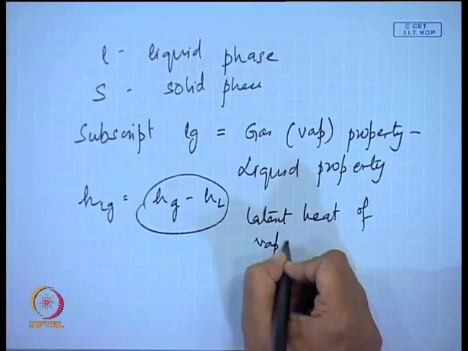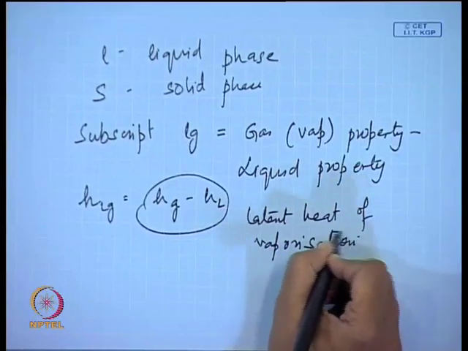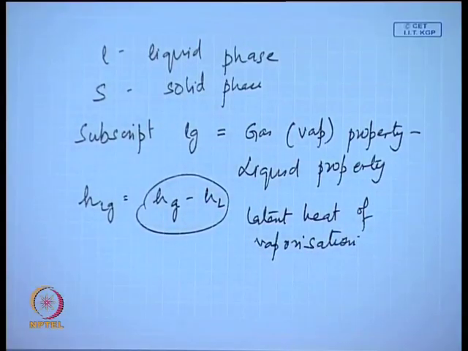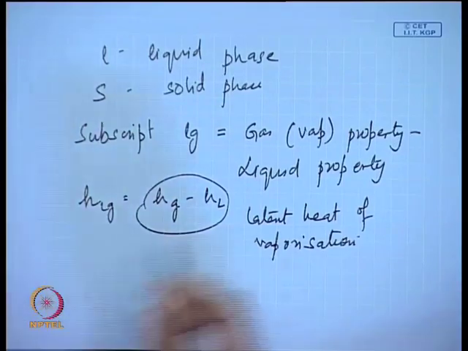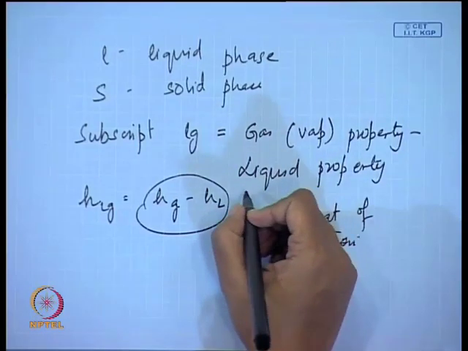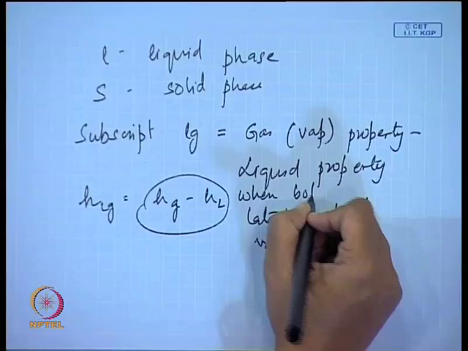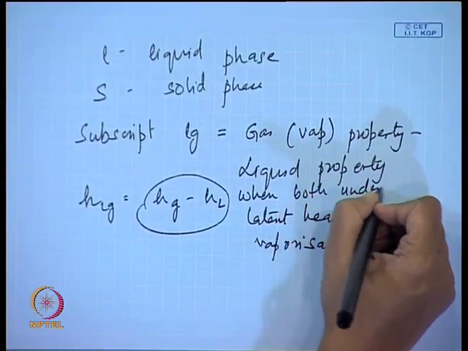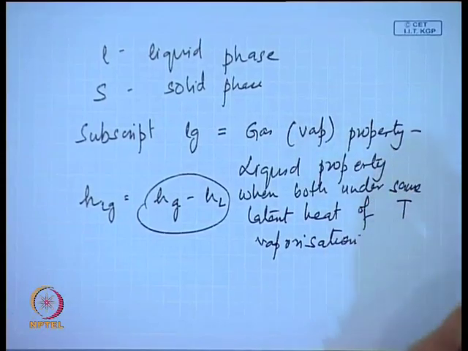So, accordingly, HL is the enthalpy content of the liquid phase, Hg is the enthalpy of the vapor phase, and HLG is the latent heat of vaporization, the difference between the vapor property and the liquid property when both are at the same temperature. This is the thing which you are supposed to remember. When both of them are at the same specified condition, usually the saturation condition.